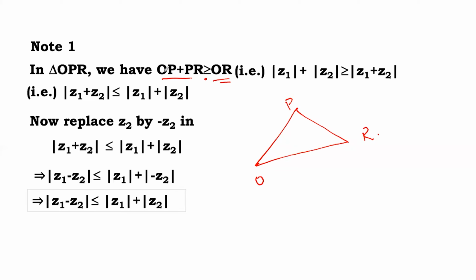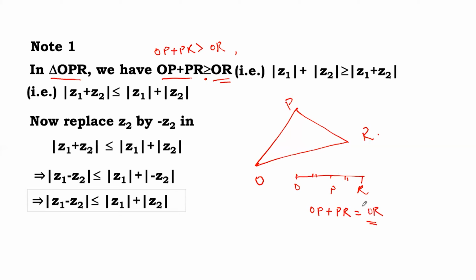For triangle OPR, we know that OP plus PR is always greater than OR. But if the three points O, P and R are collinear, then OP length plus PR length is equal to OR length.